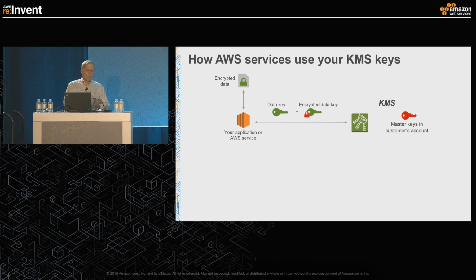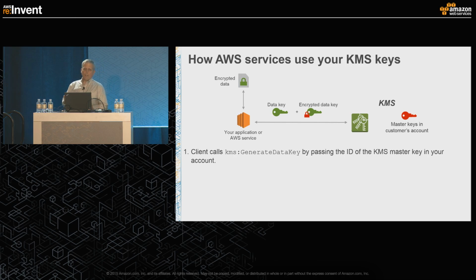So now I'm going to drill down a little bit more about what happens in the case of services that are using your keys. Where is this material going? So this is a somewhat generic diagram where the orange box there has received a request from you to create an encrypted resource. Okay? It might be helpful to think about this as you are launching an EC2 instance and you want to attach an EBS volume.